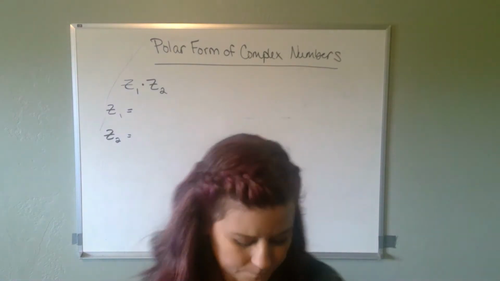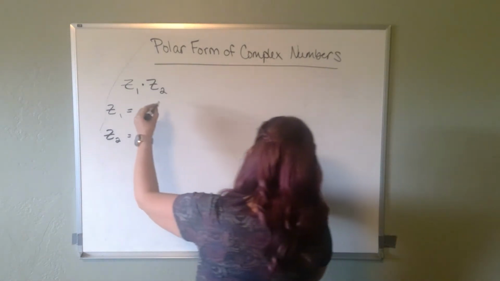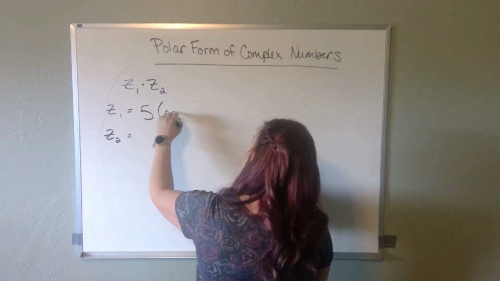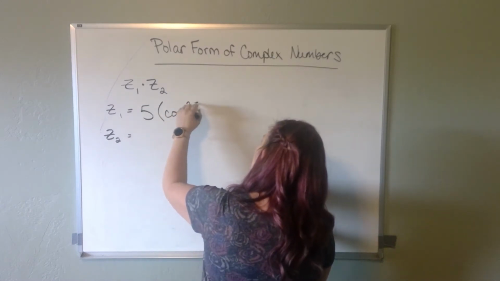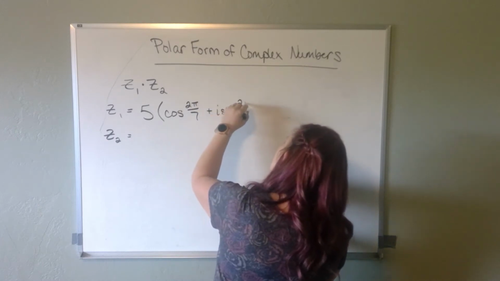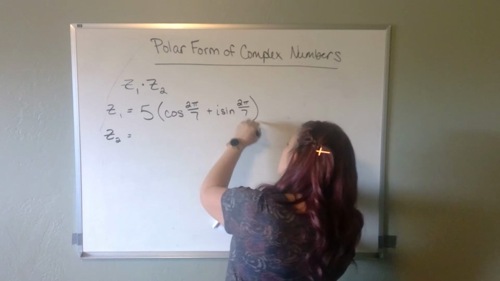All right, so z1, our first complex number, is 5 times the cosine of 2 pi over 7 plus i sine 2 pi over 7.